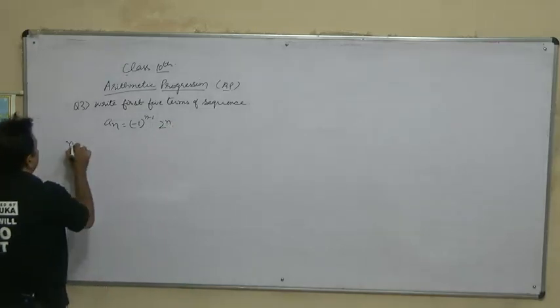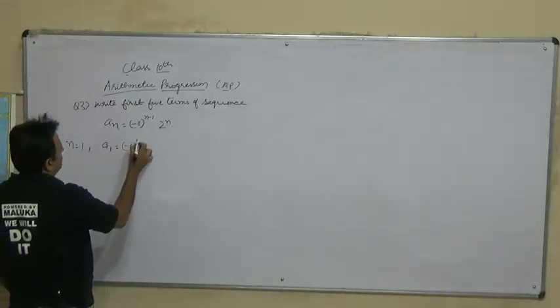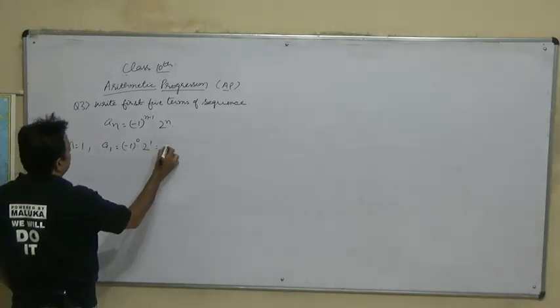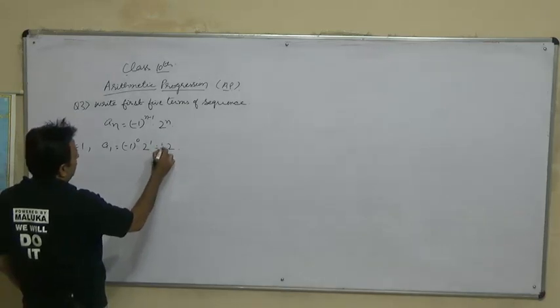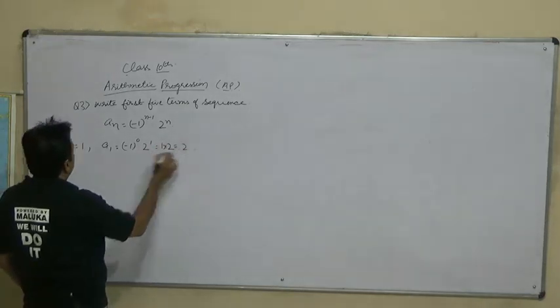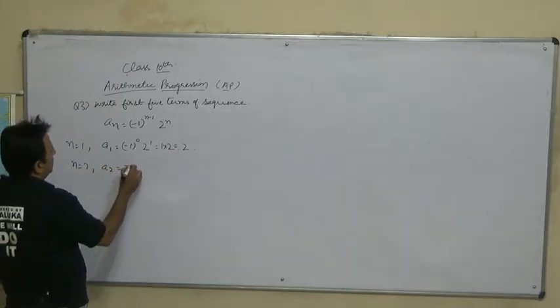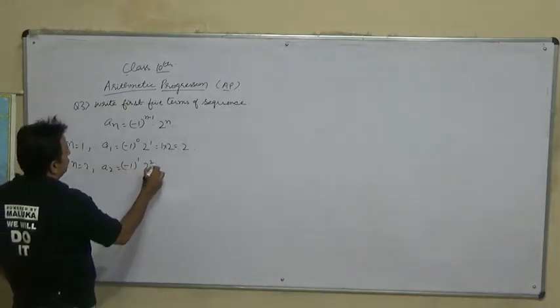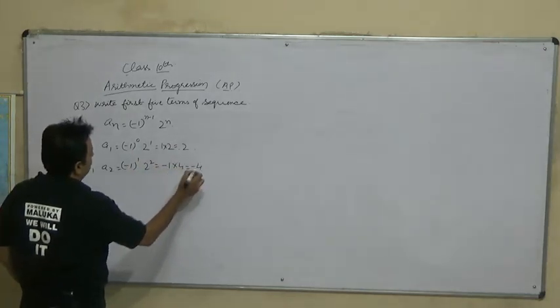So first, n is equal to 1: a1 is equal to minus 1 raised to power 0, 2 raised to power 1, which is 2, because minus 1 raised to power 0 is 1, into 2 is 2. N is equal to 2: a2 is minus 1 raised to power 1, 2 square, which is minus 1 into 4, which is minus 4.